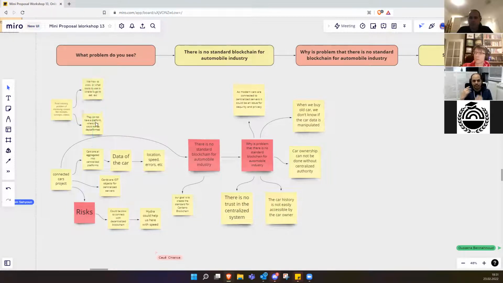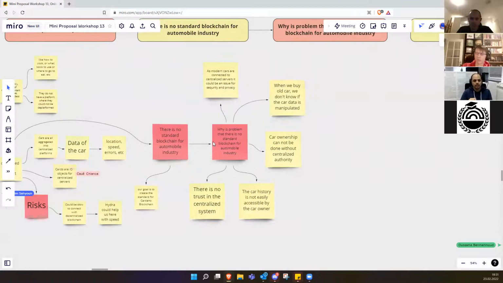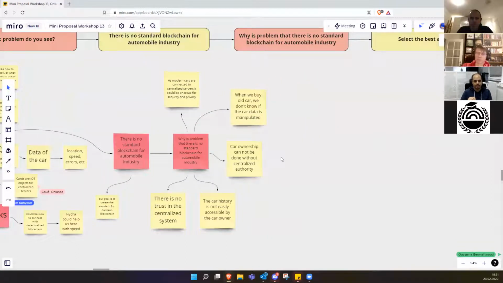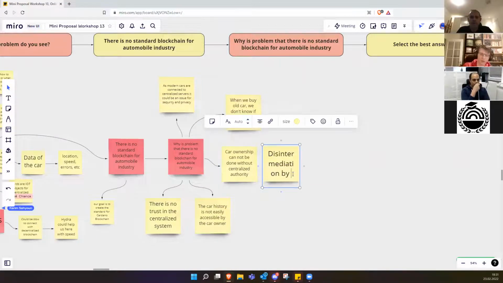So we have this intermediation. We can say that, yes, it's the same idea. This intermediation of the invoicing process for car sharing services.